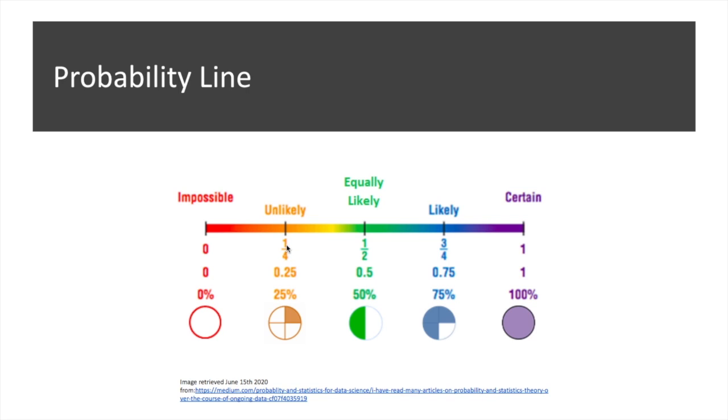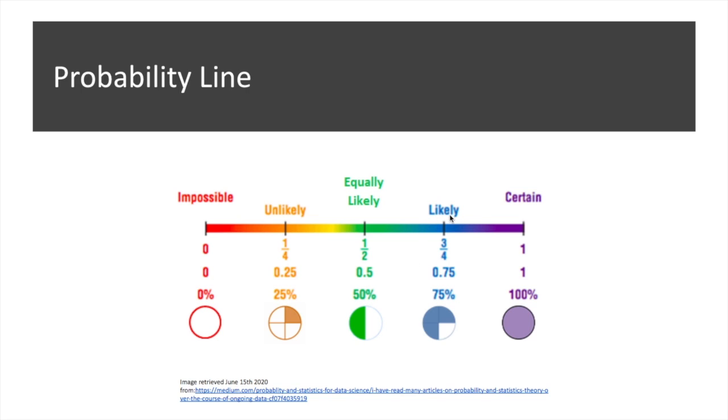We have 1 over 4, which is unlikely, and we can also represent that fraction as a decimal, so 0.25, or as a percent, which is 25%. We have equally likely, which we can represent with half, 1 over 2, or half as a decimal, 0.5, or a percent, which is 50%.